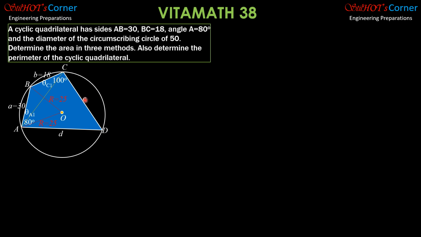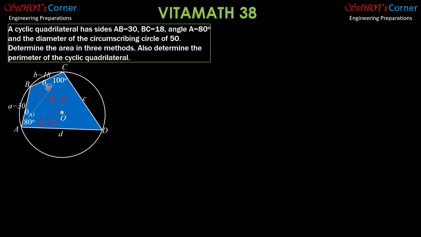So the ratio of c to sine of this angle here, 80 degrees minus theta A1, is equal to 2r. So we can compute side c because we have found theta A1 from the preceding ratio, 18 over sine theta A1 is 2r. Then this angle here is 100 degrees minus theta C1.